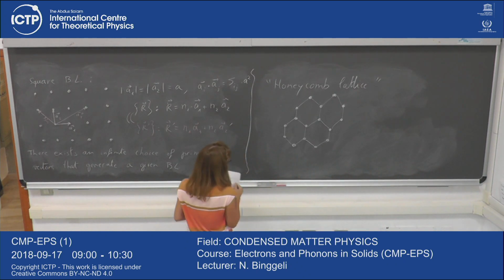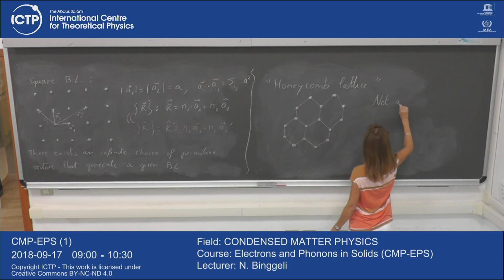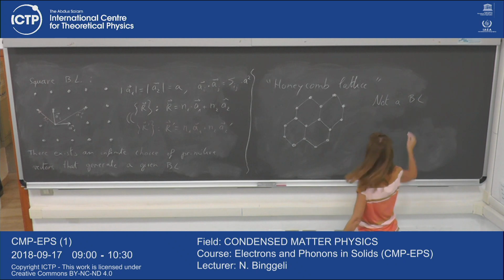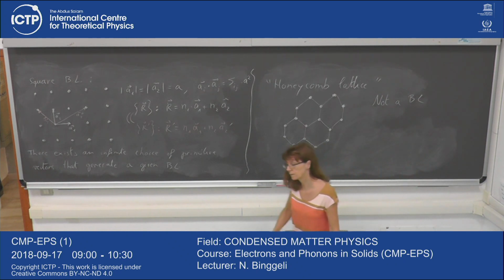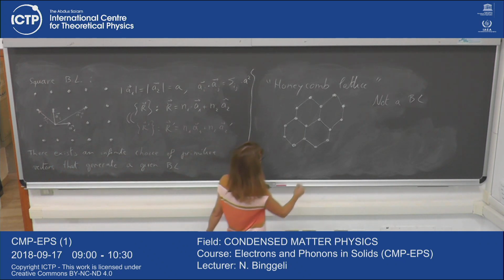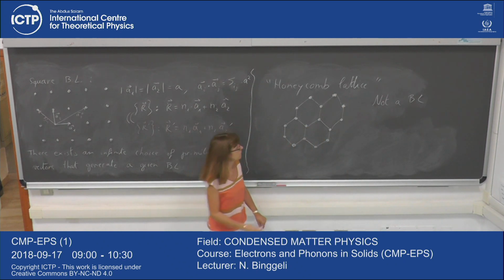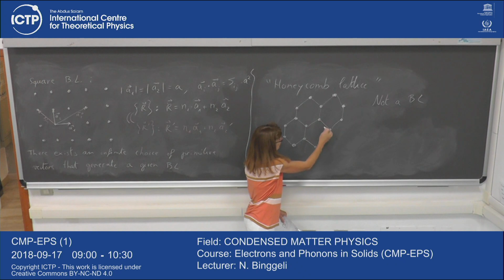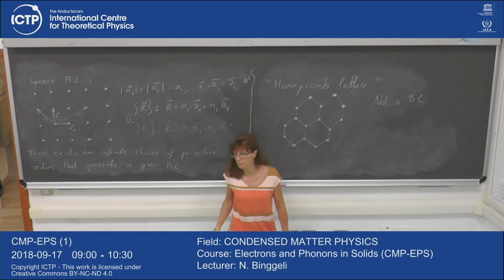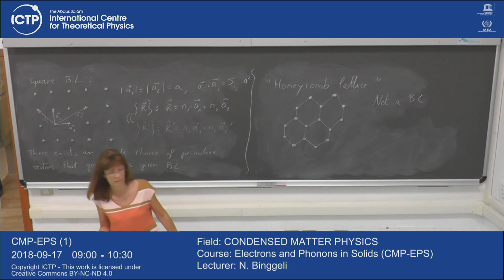Actually, to prove that it's not a Bravais lattice, one can assume first that it is a Bravais lattice and show that there is a contradiction. So if I assume that this is a Bravais lattice, I know that the difference between 2 points of the Bravais lattice must be a Bravais vector from the Bravais lattice.